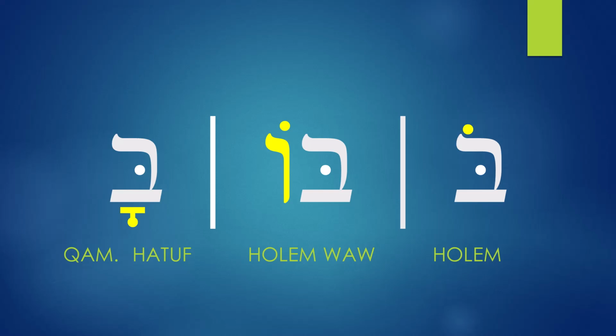So it's going to be pronounced as "bo." But remember, for now I said, when you see it, pronounce it as kametz with an A sound. So this is how you pronounce the O-class vowels: holem, holem wow, kametz atuf.